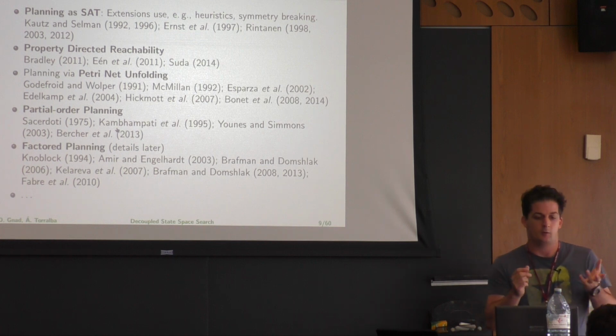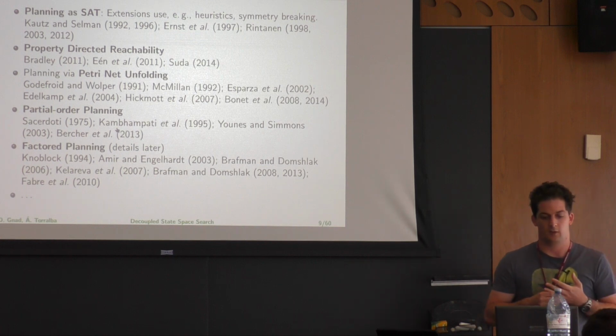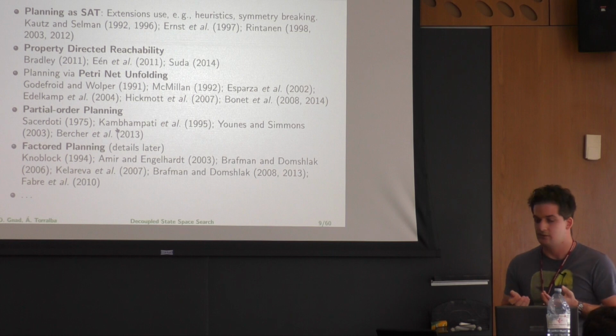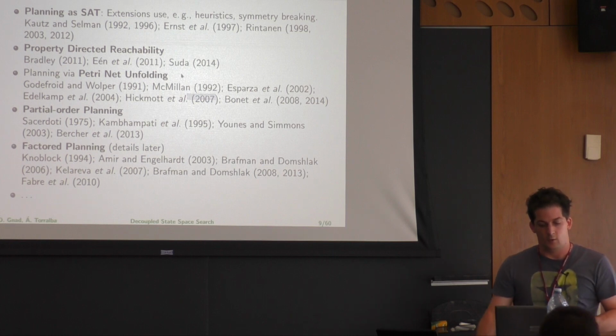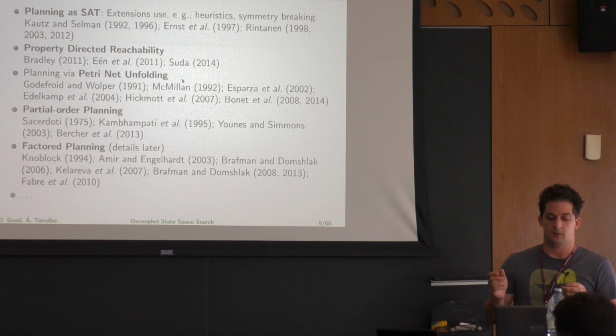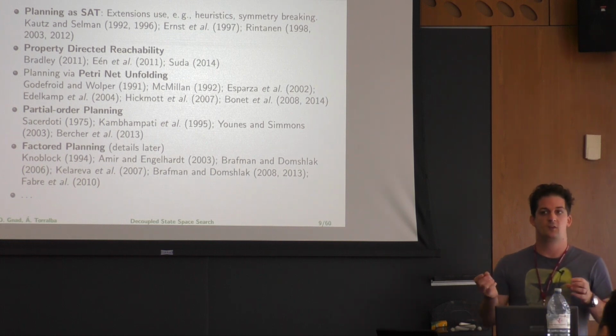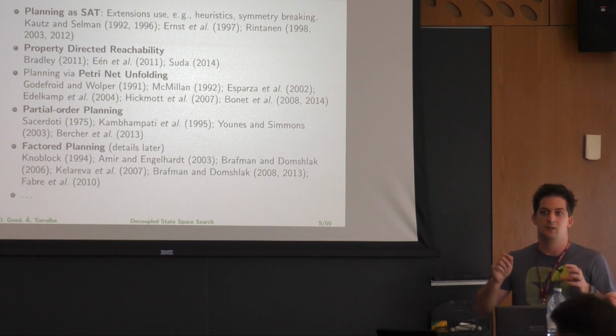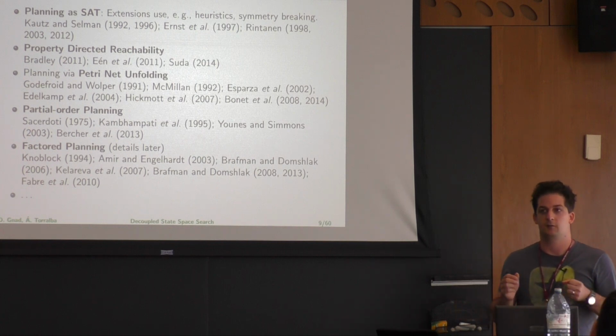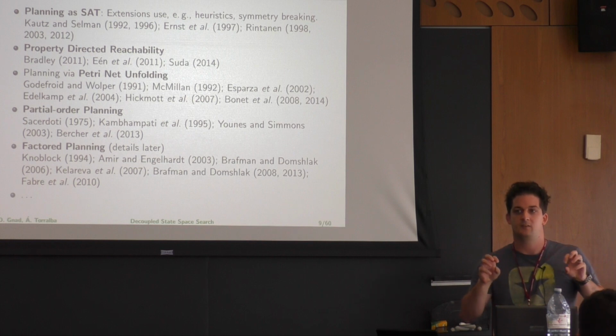A difference to the talk before, again, the alternatives to state space search are the same. We have planning as star property, directed reachability, and one interesting relation here is between decoupled search and Petri net unfolding, because you can see decoupled search as a type of Petri net unfolding where you fix the factors.